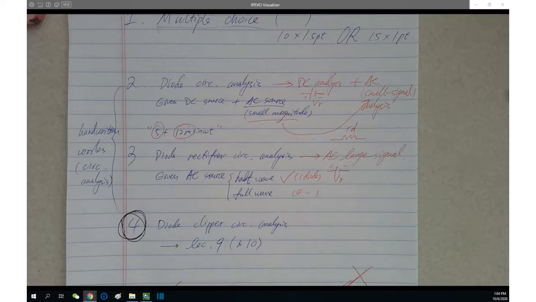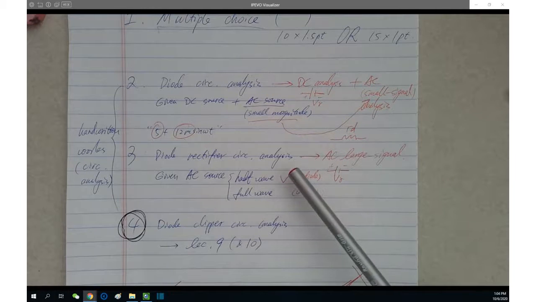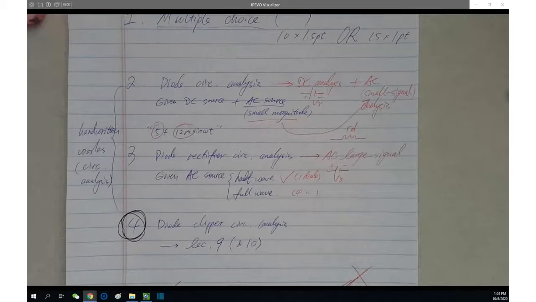Here, I'm talking about either a half-wave rectifier or a full-wave rectifier, and I'm planning to give just a half-wave rectifier circuit. It probably won't be exactly the same as what we learned in lecture, but the procedure idea remains the same.